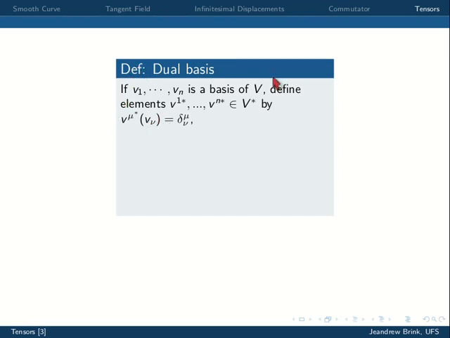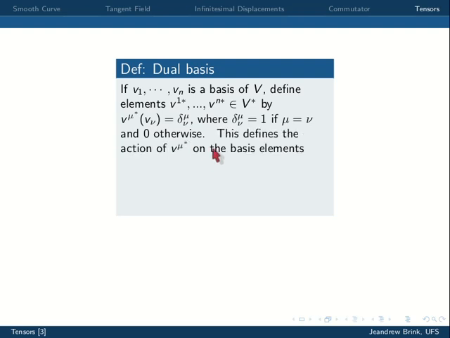But this is the rigorous definition. You have your vector basis that you're given from your manifold. Then you have a dual basis that we usually indicate with stars, and that's the basis of your dual space. They are entirely defined by the fact that their action on the vector basis gives you 1 if they have the same number and 0 all the other times. So this delta is 1 if the indices are equal and 0 otherwise.